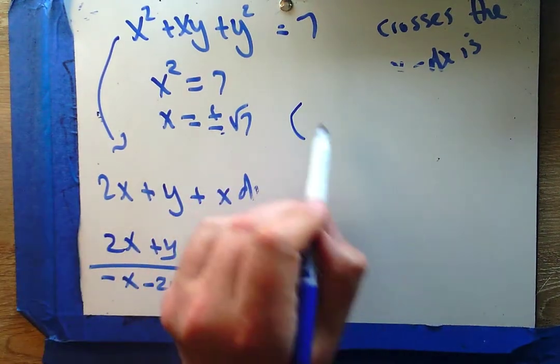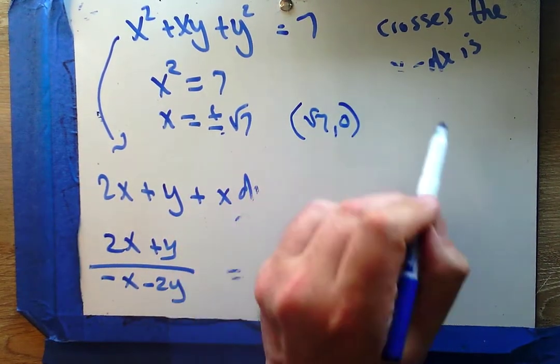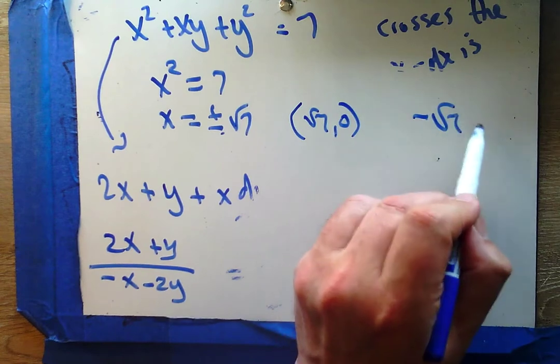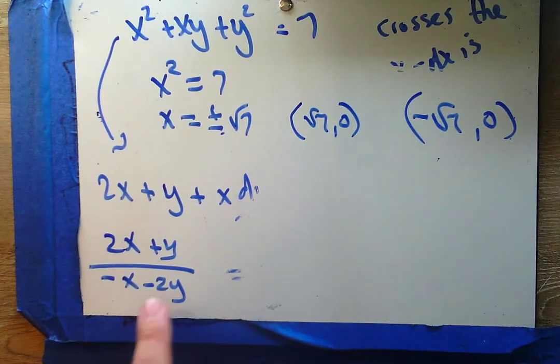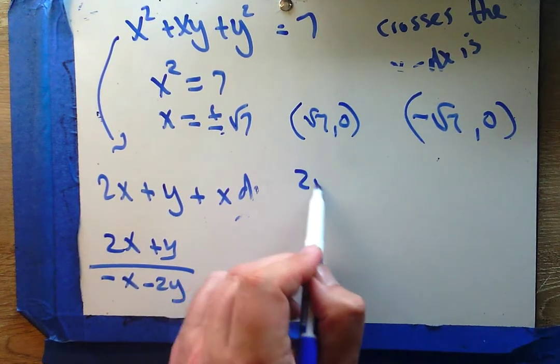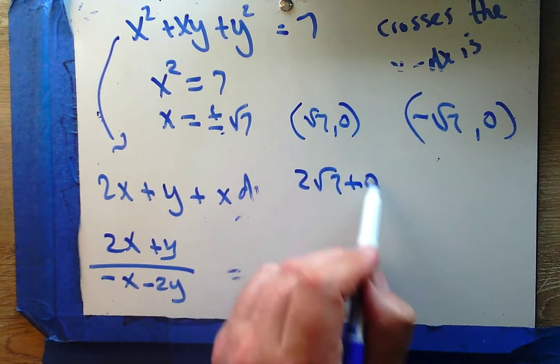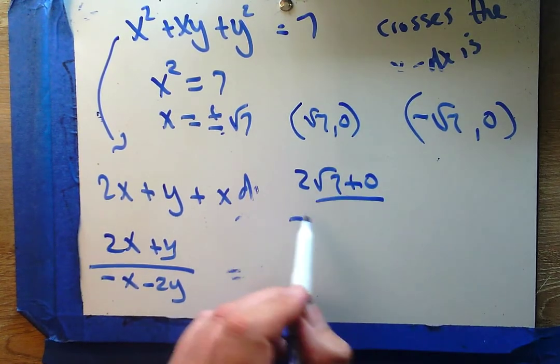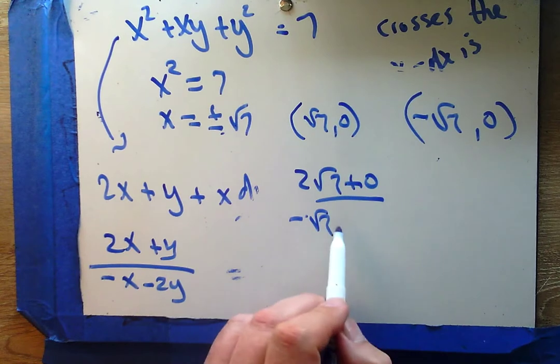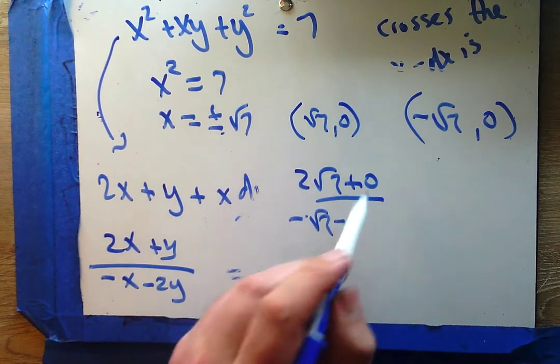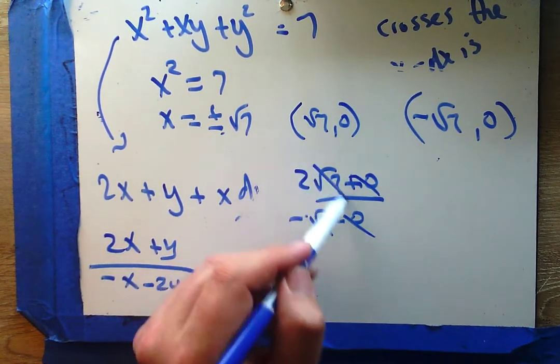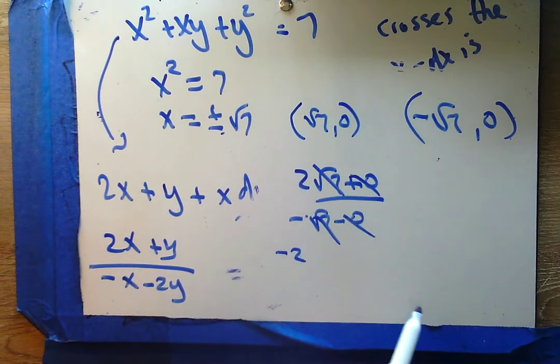We've got root 7, 0, and negative root 7, 0. We plug in those. We've got 2 root 7 plus 0 over negative root 7 minus 0. So those cancel, these cancel, I have negative 2.